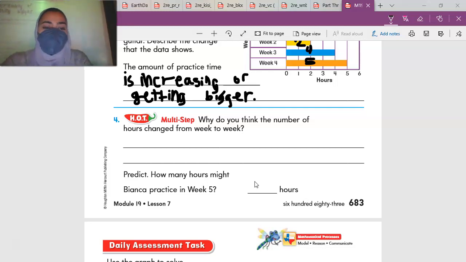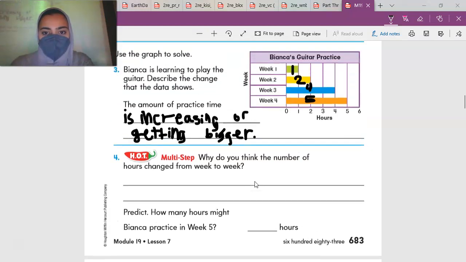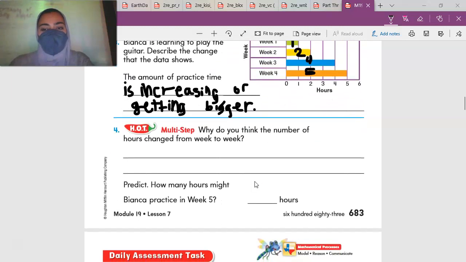Why do you think the number of hours changed from week to week? Why do you think she's practicing more each week? Do you think it's getting easier for her to practice? Yes, because the more you practice, the easier it gets. So I think the number of hours changed from week to week because she's practicing more and more, because playing guitar is getting easier.